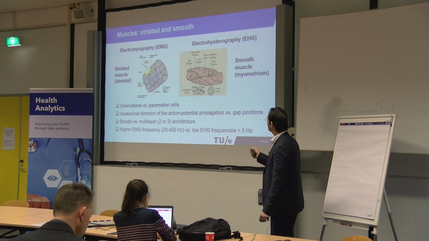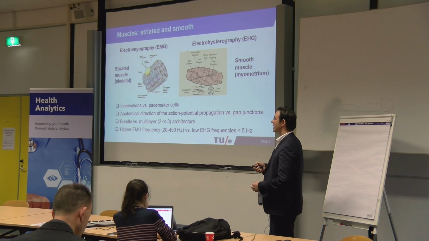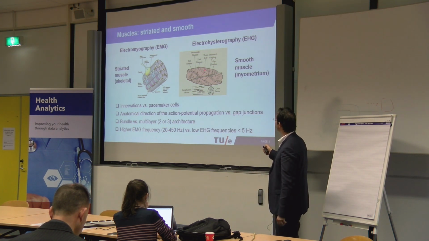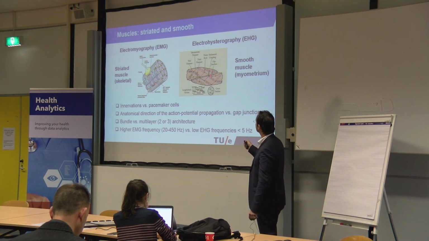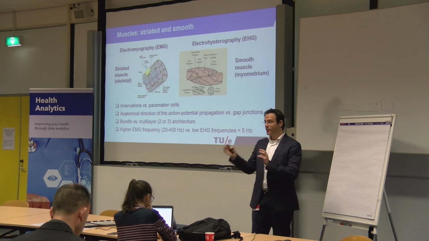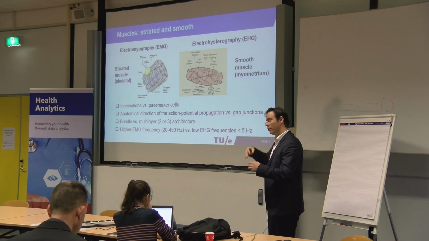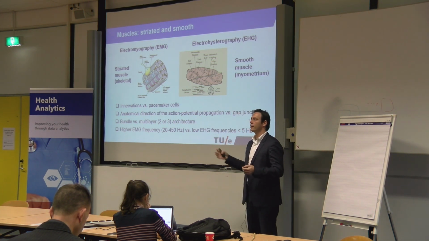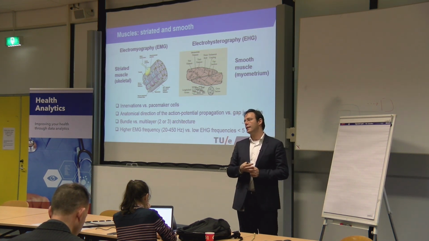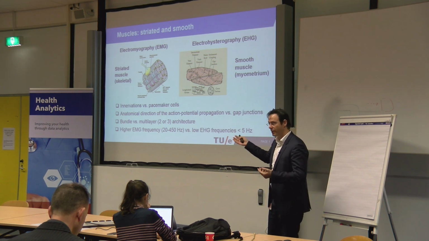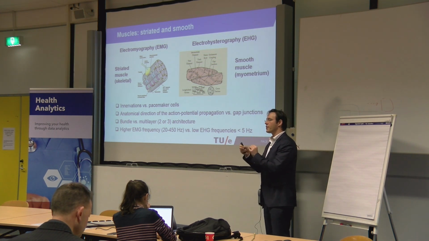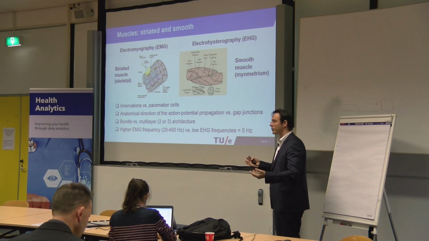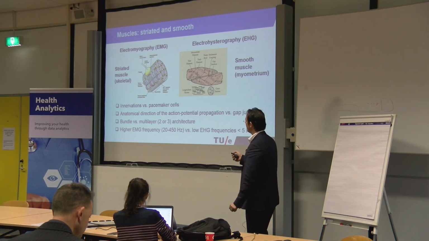This does not happen in smooth muscle, where the propagation between cells occurs through the so-called gap junctions, which can activate or deactivate. For instance, in the uterus, depending on the phases of the menstrual cycle or during pregnancy, they will create junctions at the moment that contractions need to propagate.